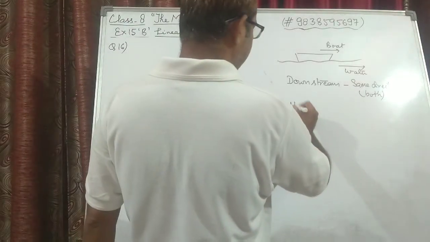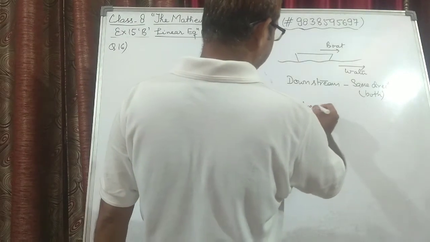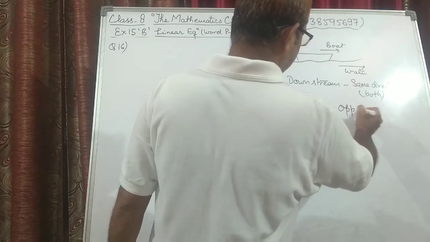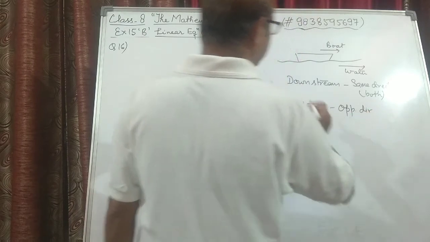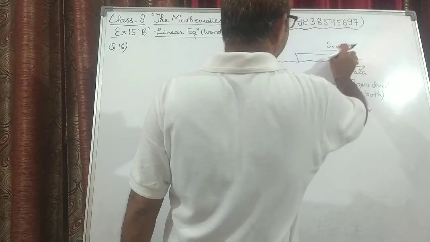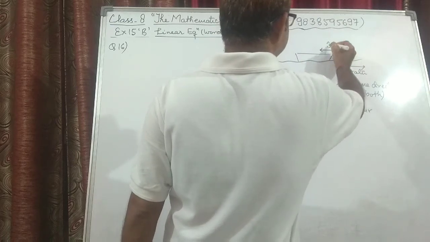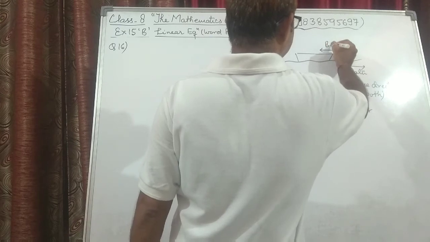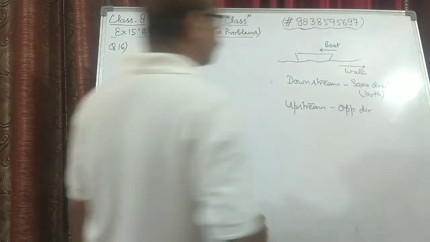But when we say upstream, upstream means opposite directions. Water is moving in this direction, but the boat is moving in this direction. When this is the condition, it is known as upstream.